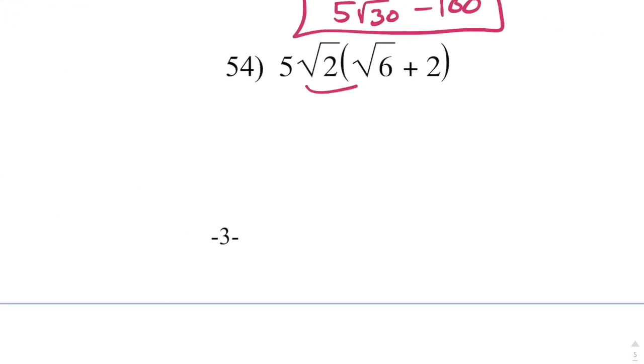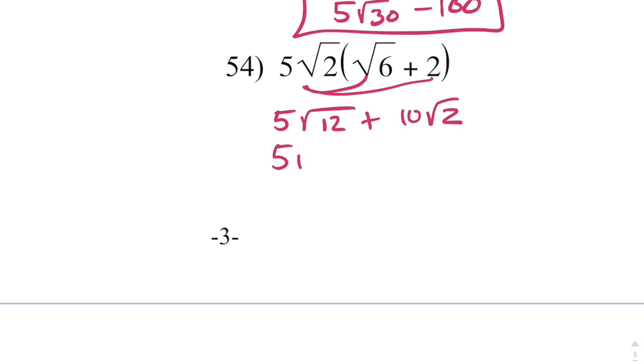And numero 54, we get 5 square roots of 12. And then plus 10 square roots of 2. 12 is going to be 4 and 3. Again, I'm using the perfect square method now, knowing that 12 is 4 times 3.